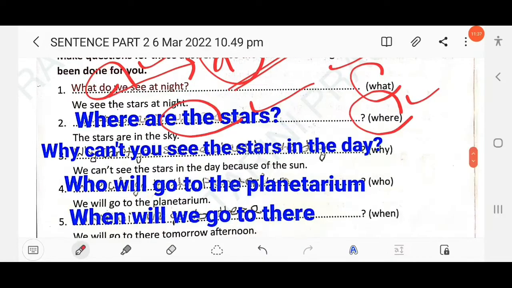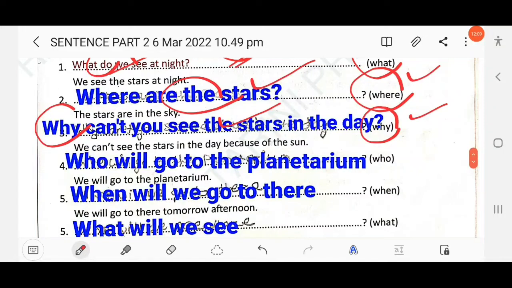Then next, we can't see the stars in the day because of the sun. So here, to know the reason, why. Because of the sun, so you have to use why. Why can't you see the stars in the day? The next: we will go to the planetarium. Here who is provided, so you have to write, who will go to the planetarium?